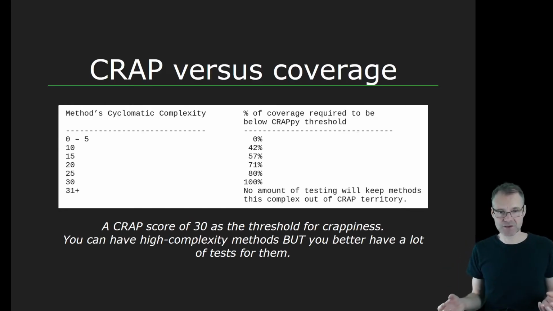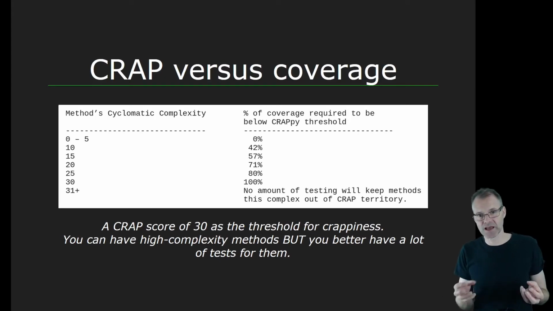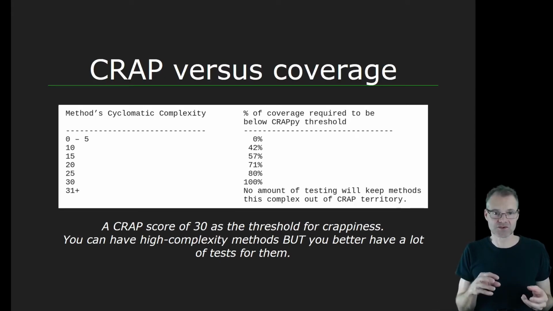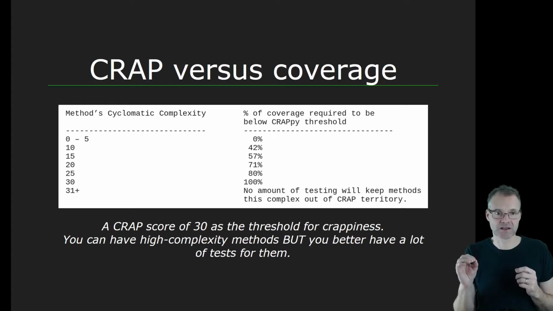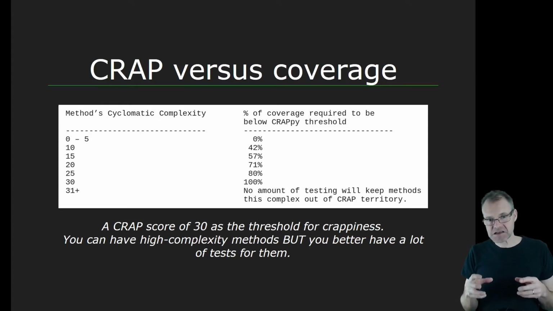So the CRAP score is trying to relate the values of your code's complexity with how well tested it is. And it indicates how many more tests you need to write to make that a non-crappy method.